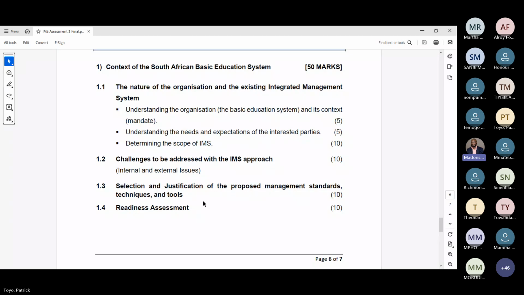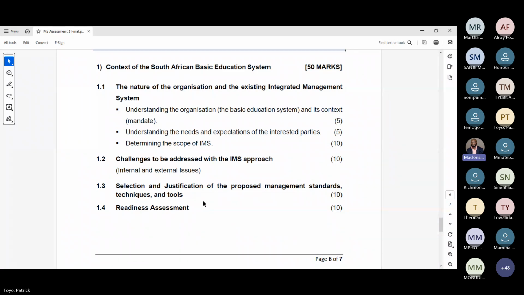Other IMS manuals are there just to show us the outline of the clauses and other sections we should be looking into. Please, in determining the scope of the IMS, it should be relevant to this particular case.